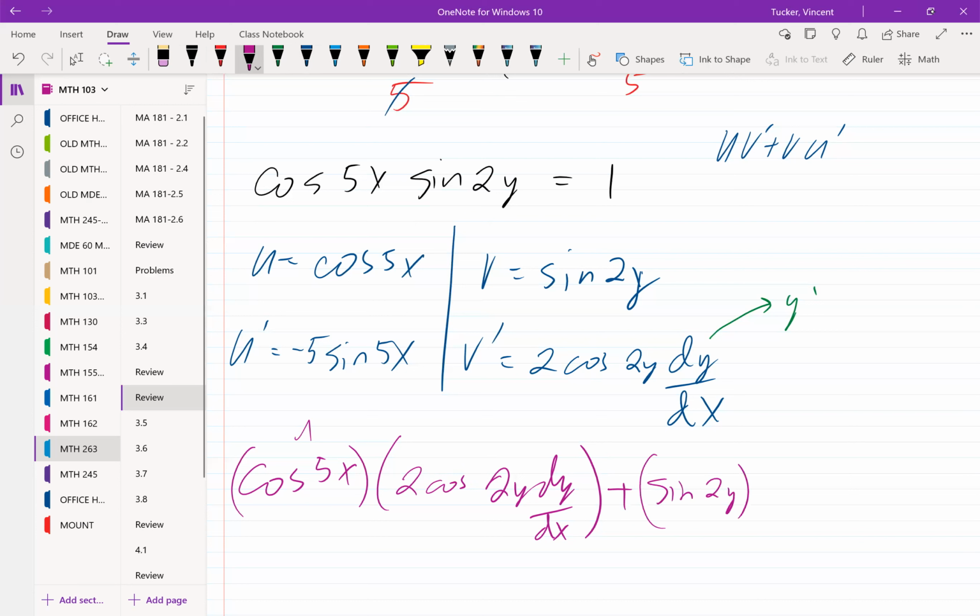And then u prime is negative 5 sine 5x. So we have negative 5 sine 5x sine 2y plus cosine 5x times 2 cosine 2y dy dx. Okay, just making sure I got my stuff right.